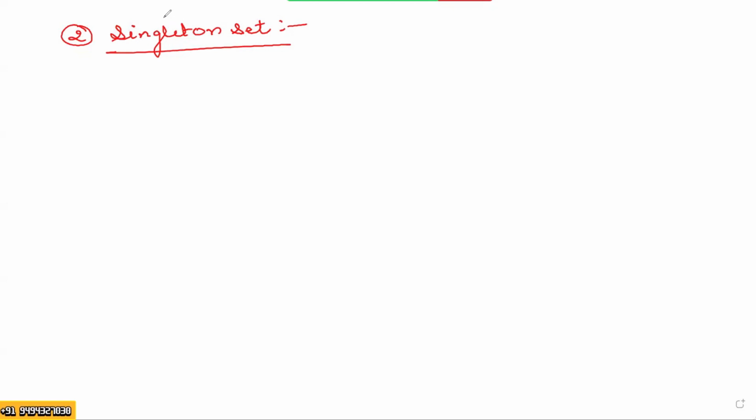By this word single, you can examine which set is given. So single means a set contains only one element.